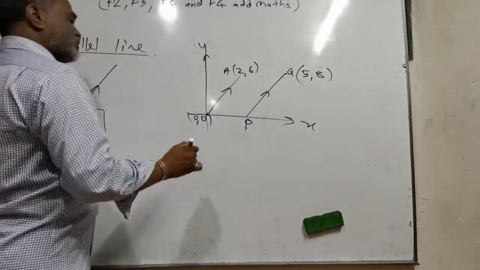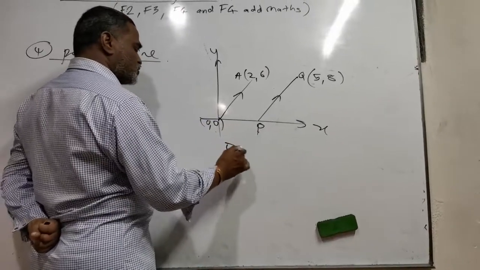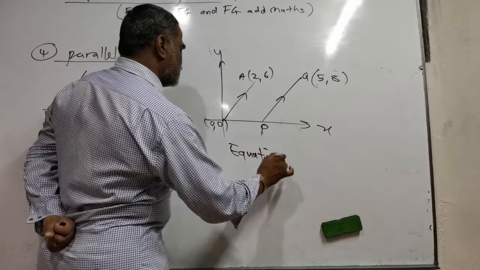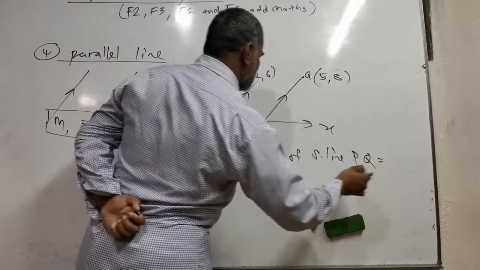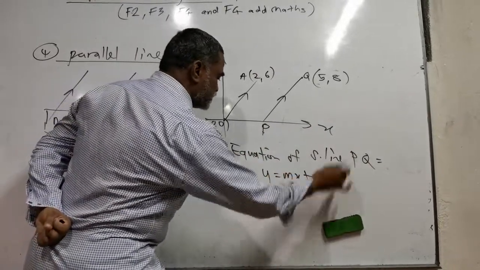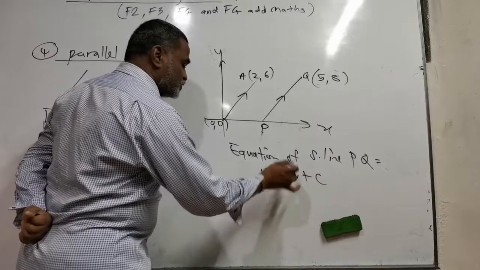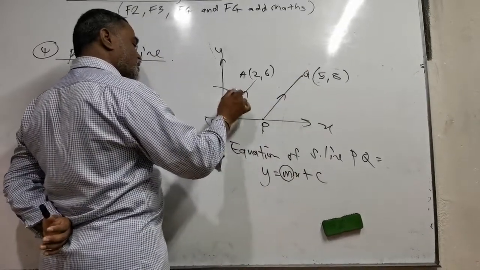Whenever they ask in the exam for the equation of the straight line PQ, we use the formula y equals mx plus c. The thing now is that we cannot find m using this one coordinate alone. So you need to find the gradient.